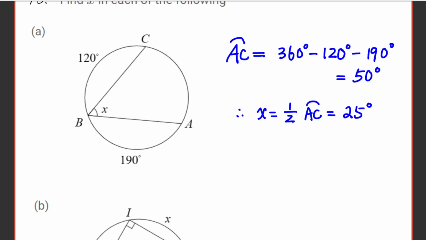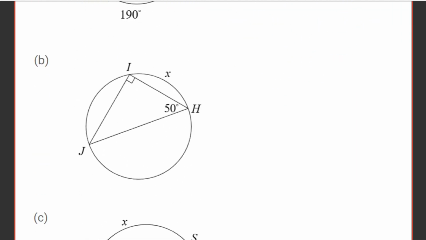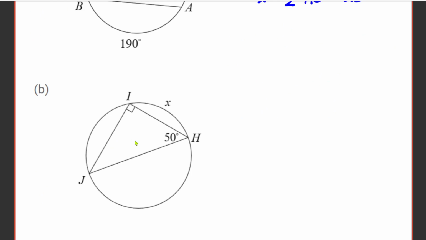And then the second question. Once you know this angle is 90 degrees and this angle is 50 degrees, then in that triangle IHJ, we know this angle must be 40 degrees, right? We want to find inscribed arc IH.